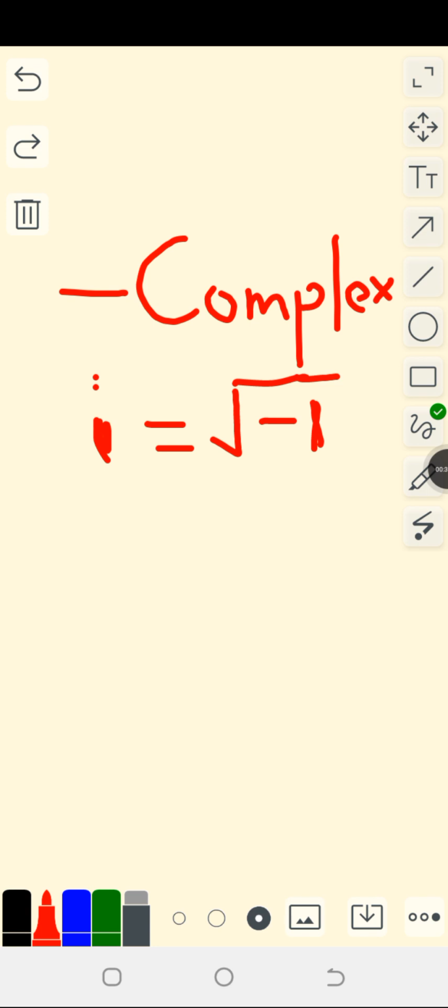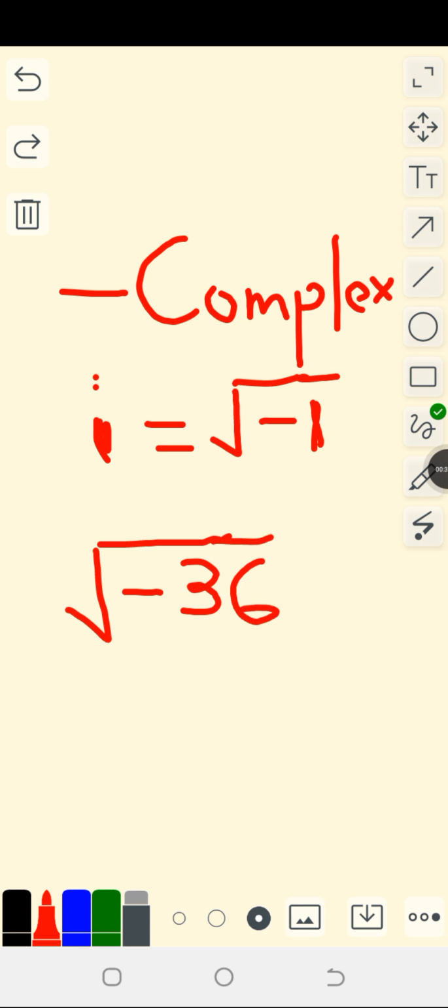For instance, if you have a complex or imaginary root of minus 36. There's no way you can press a calculator and it will give you the square root of minus 36, or the square root of a negative number, unless that calculator is programmed to be in complex numbers.